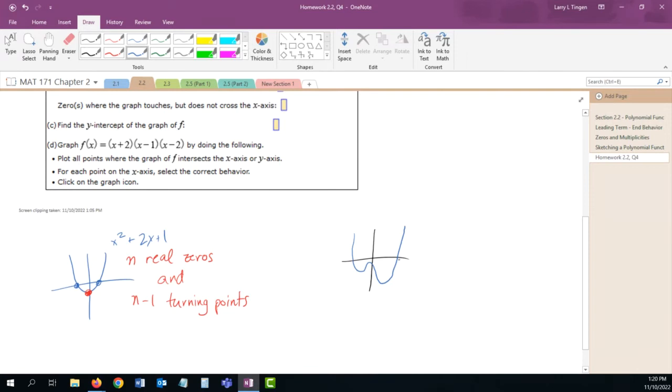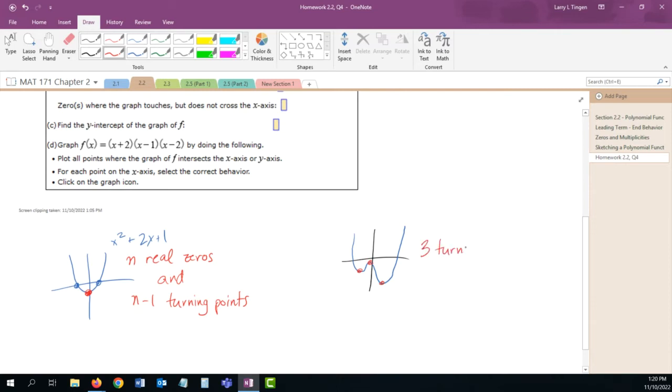But this can't be a 2nd degree polynomial because how many times did I change directions? I changed directions here, I changed directions here, and I changed directions here. So that means I got 3 turning points, which means I must have at least a 4th degree polynomial. All right, so yeah, focus on the turning points for those questions.